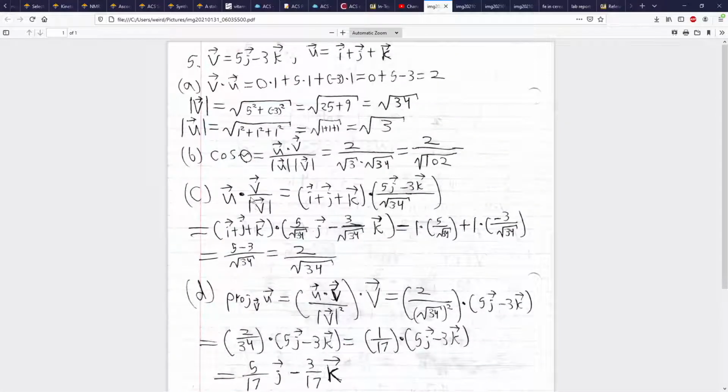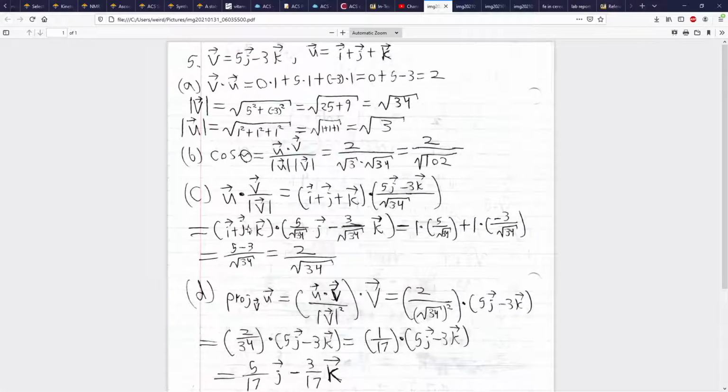Let's see, go back to how it started basically for this, but this is the scalar projection. Trying to get a projection, but same type of problem. It's like u is i plus j plus k. You have 5j minus 3k divided by square root of 34, because square root of 34 is the magnitude of v, and then 5j minus 3k is just v itself. So vector u, vector v, magnitude of v, and then we multiply them together.